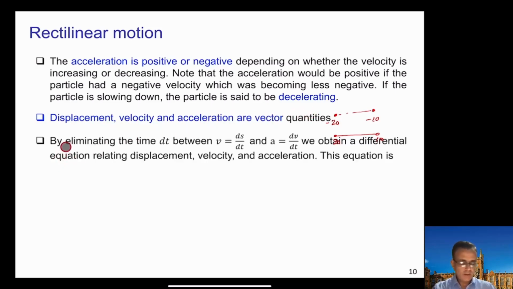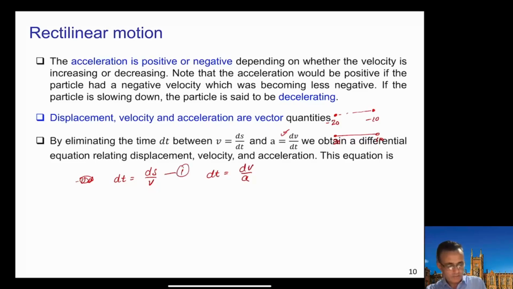Okay, now if we eliminate dt from this equation and this equation here, because v is equal to ds by dt and a is equal to dv by dt. So if we eliminate dt, the first equation will become dt, which is ds by v, and the second equation will become dt, which is dv by a.